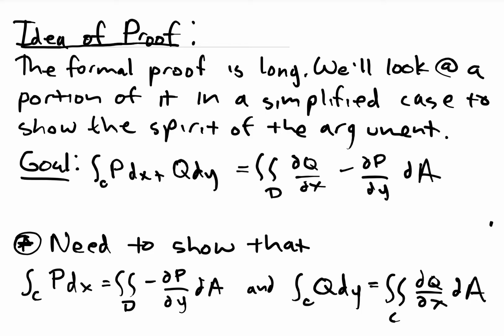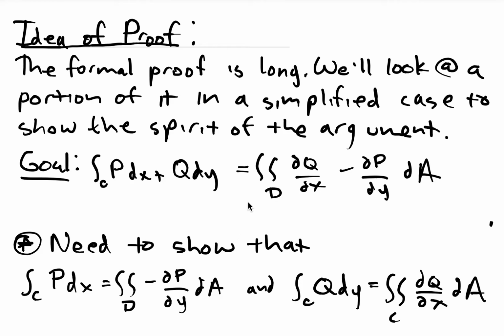Now, if I want to ultimately show why Green's theorem works or what's going on here, the formal proof of this, if you're looking at the broadest, most general case, it's tedious, it's long. I'm going to simplify this and just look at a subcase so we can kind of get a feel for the general argument where this is coming from.